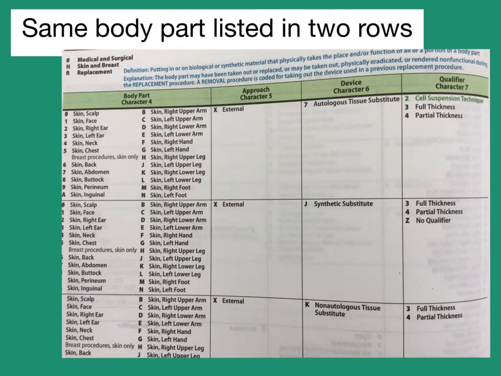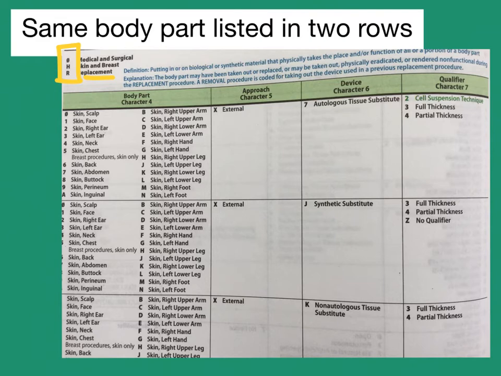There are times in the tables where you will see the same body part listed in 2, and in this case even 3 rows. So let's take a quick look at this, table 0HR for a skin replacement procedure. So let's pretend that we had a skin replacement procedure of the scalp using a synthetic substitute.